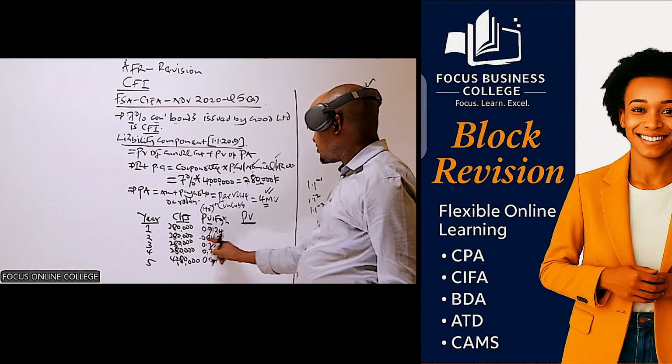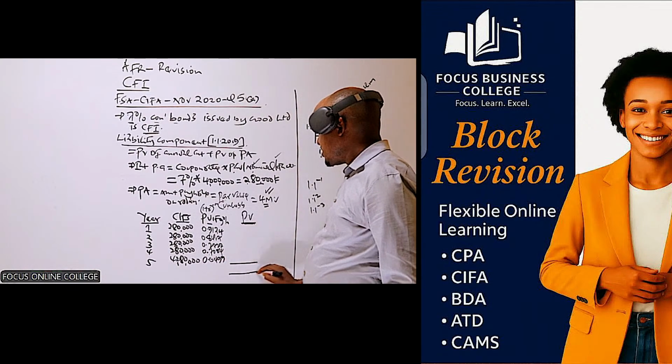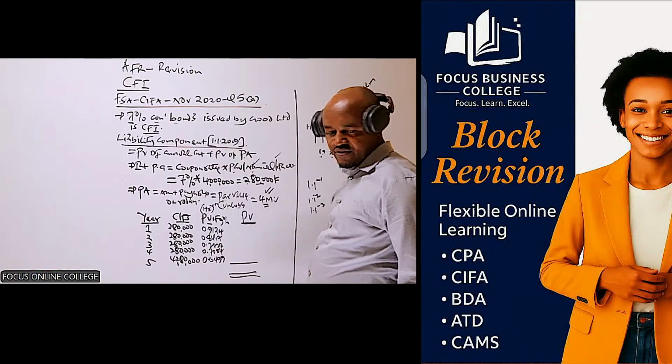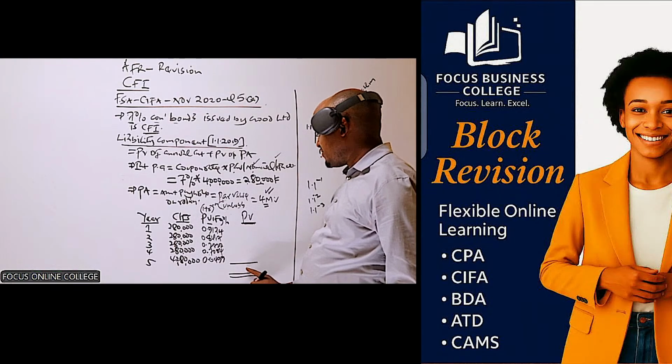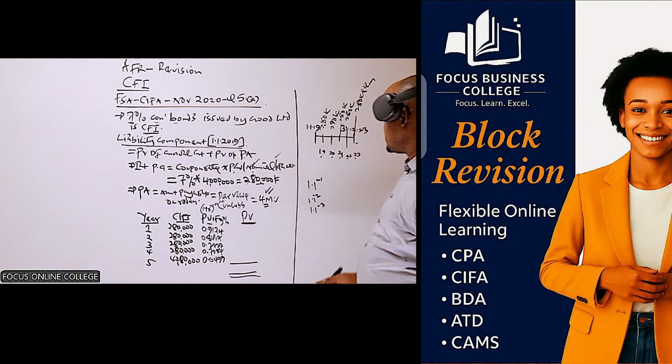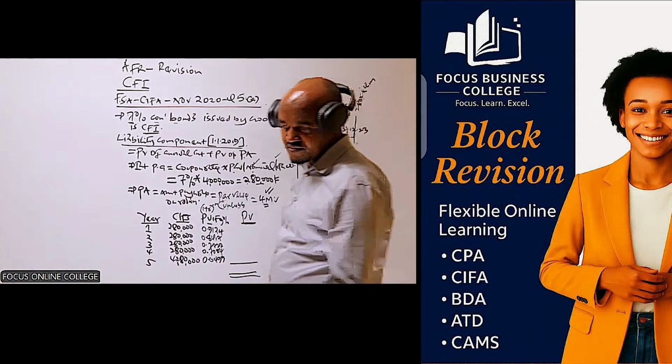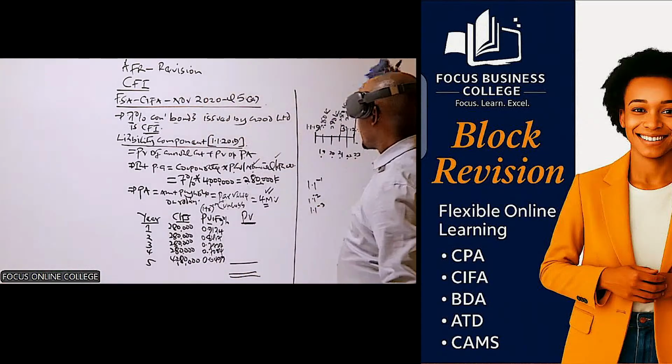So then you take these values, multiply them to get the present values, and give me the total. Just give me the total there.